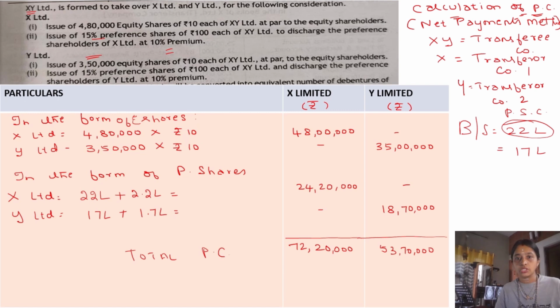So this is the total purchase consideration given by XY Limited to X Limited and Y Limited. XY Limited gave 72 lakhs 20,000 to X Limited as purchase consideration and 53 lakhs 70,000 to Y Limited as purchase consideration.